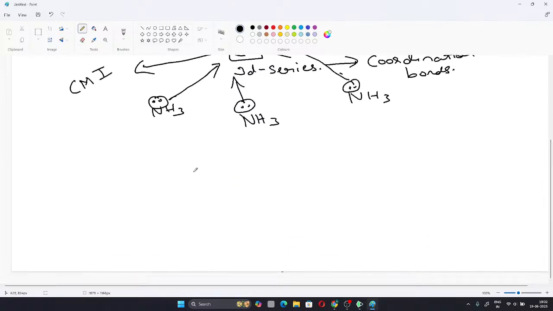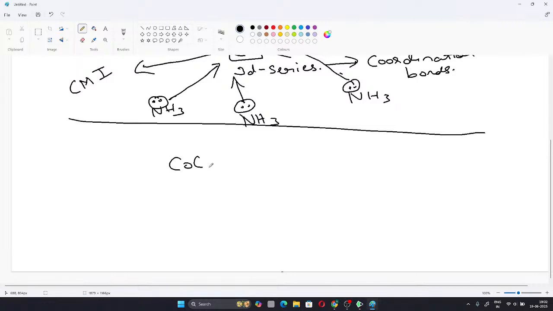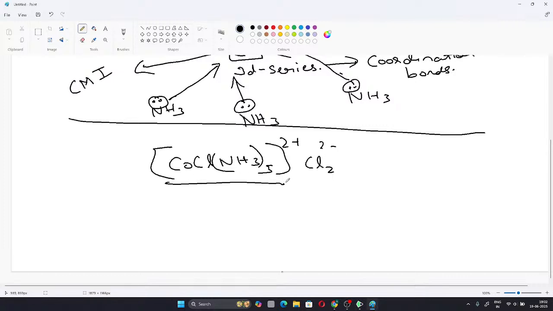The second case, where we only had 5 molecules of ammonia, [CoCl(NH3)5], only 2 Cl were outside, so the charge became 2 plus, and the AgCl precipitated reduced from 3 to 2.